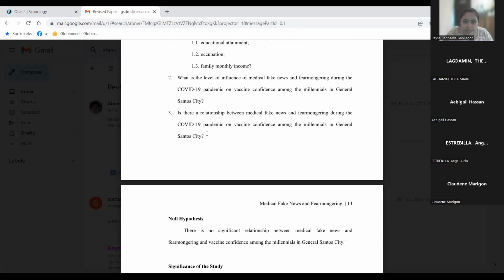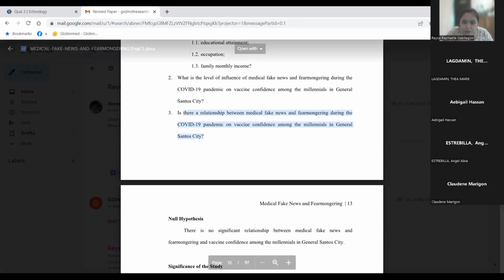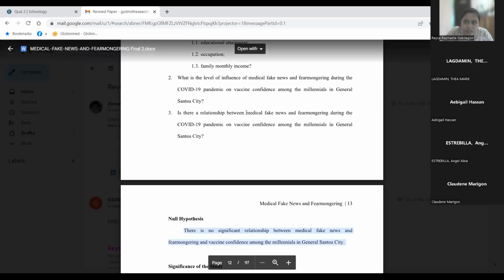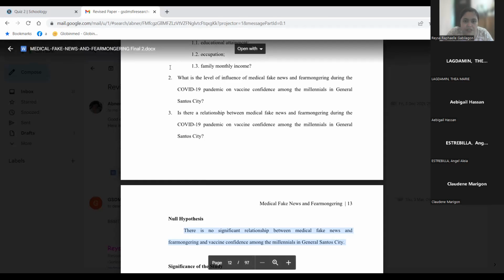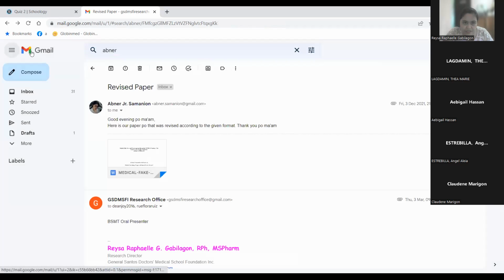So ito yung last nilang question, is there a significant relationship between medical fake news and fear-mongering? Pagdating sa null hypothesis, you will just state it in the declarative form and at the same time negative form siya. So there is no significant relationship between medical fake news and fear-mongering and the vaccine confidence. So ganun lang, null hypothesis.